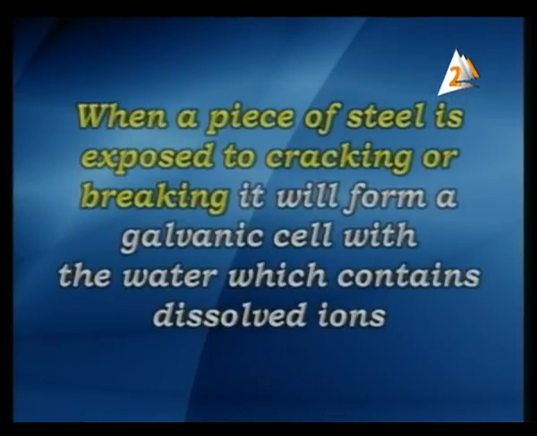When a piece of steel is exposed to cracking or breaking, it forms a galvanic cell. All the time we say that: all this reaction depends on a galvanic cell with reduction and oxidation, and water which contains dissolved ions.